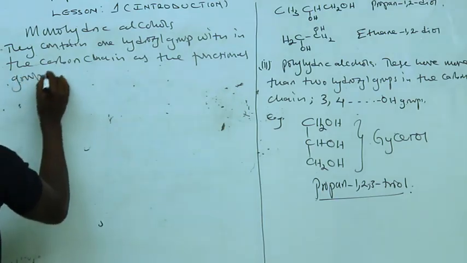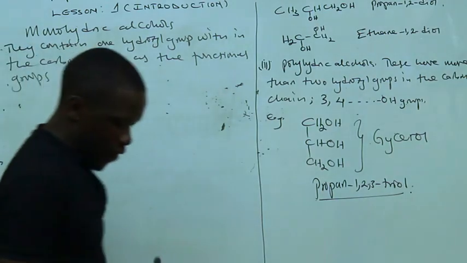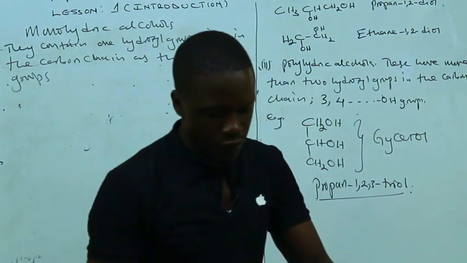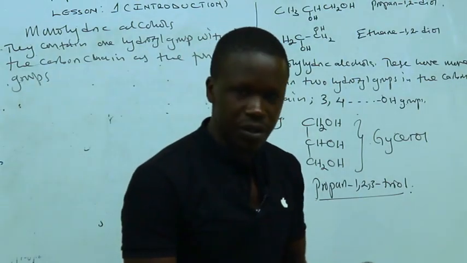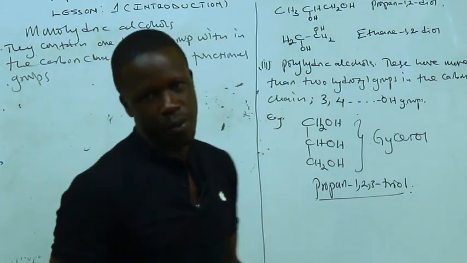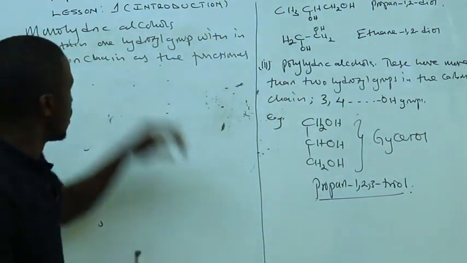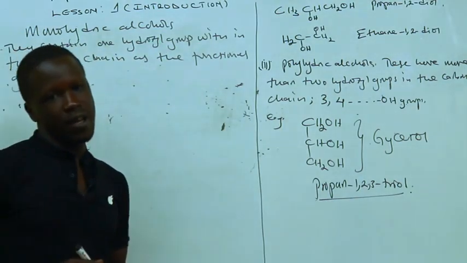That's what makes them alcohols. The functional group for these alcohols must always be the hydroxyl group. And if it is only one, then these are called monohydric alcohols.